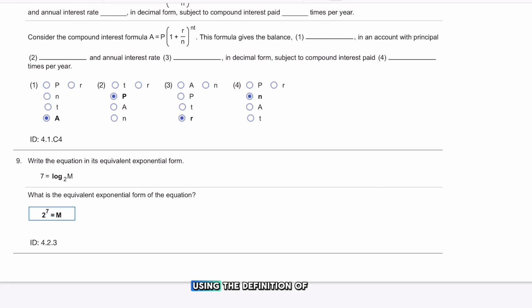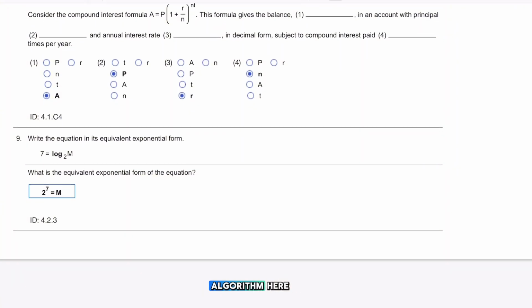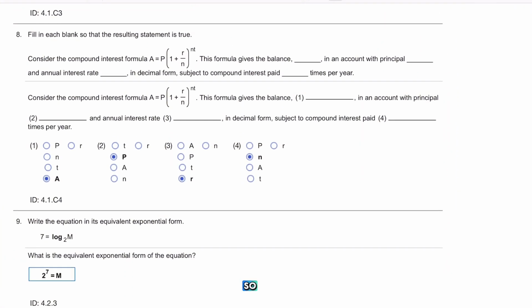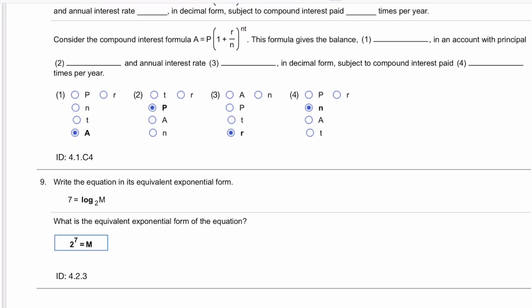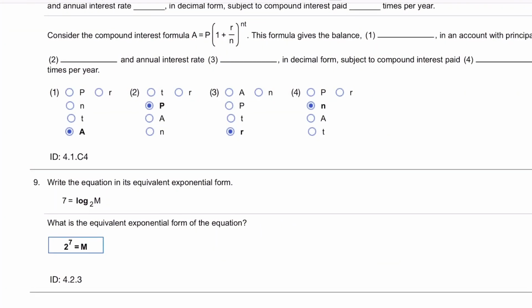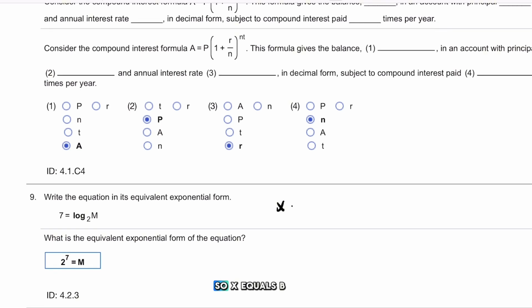And then remember, you're using the definition of a logarithm here. So x equals b to the y.